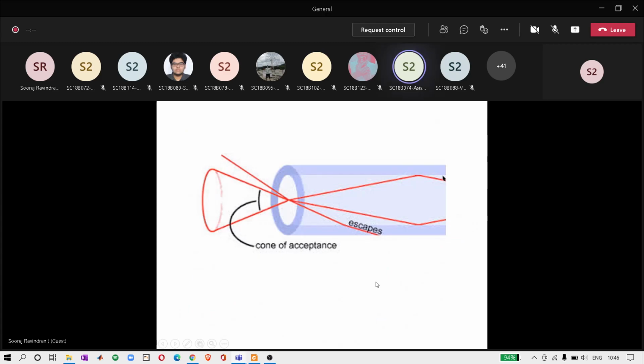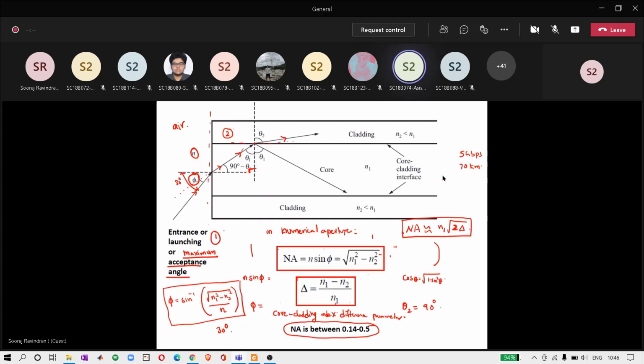Sir, why don't you make the cladding out of metamaterials? That is practically very difficult. So what is the benefit you gain out of that? Numerical aperture will increase. How? Even if n2 is negative, you are taking n2 square, right? Sir, take something which is less than 1.